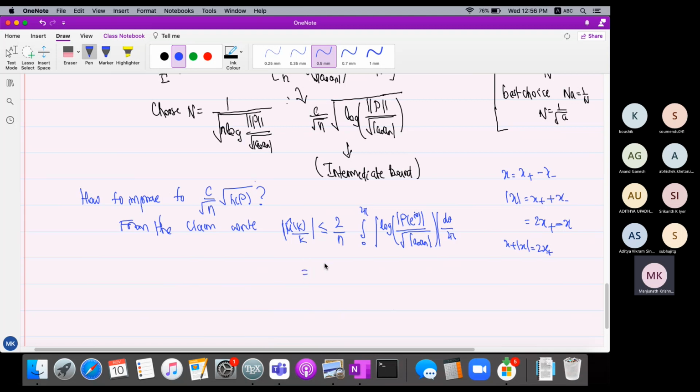So this integral can be written as 2, because I want log plus, I can write it as log plus of mod p of e to the i theta over square root a naught a n, d theta over 2 pi, minus, 2 times, so this becomes 4 by n minus 2 by n without any absolute value.